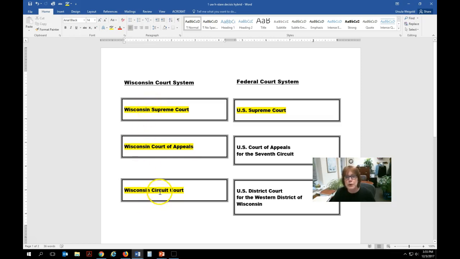But what you need to remember is that in this unusual hybrid situation where a court is considering a question of law that is not, I guess, in its own bailiwick, it would look first to the high court of the other system for binding cases and then follow its ordinary chain of appeals. So this is the Wisconsin example interpreting federal law, and we just talked about the federal court example interpreting state law.